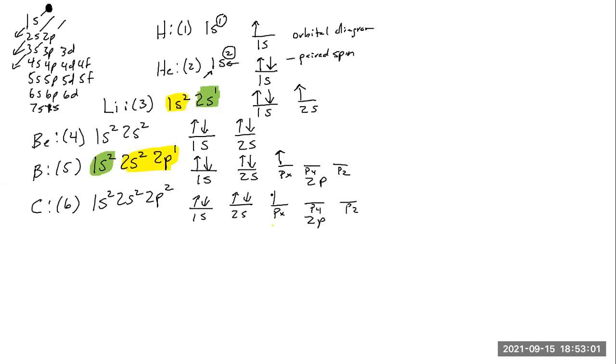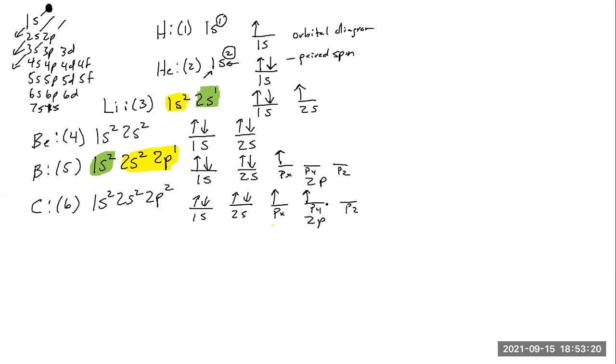First electron goes here, and there actually is a rule that says the next electron will go into the next orbital in the upwards direction. They go into each orbital one at a time, and then they come back and pair off.